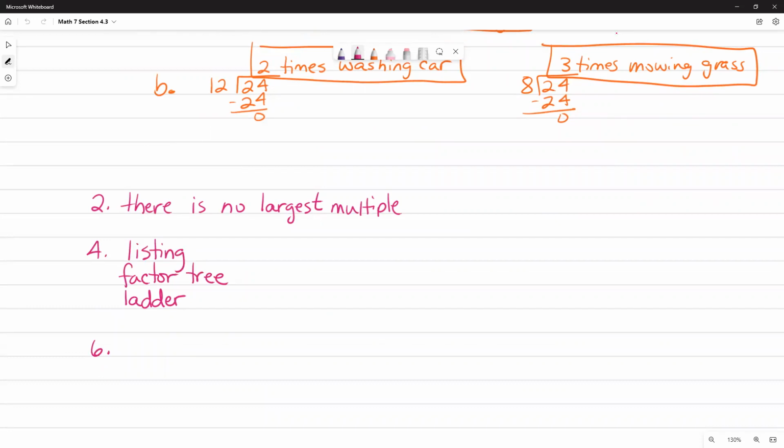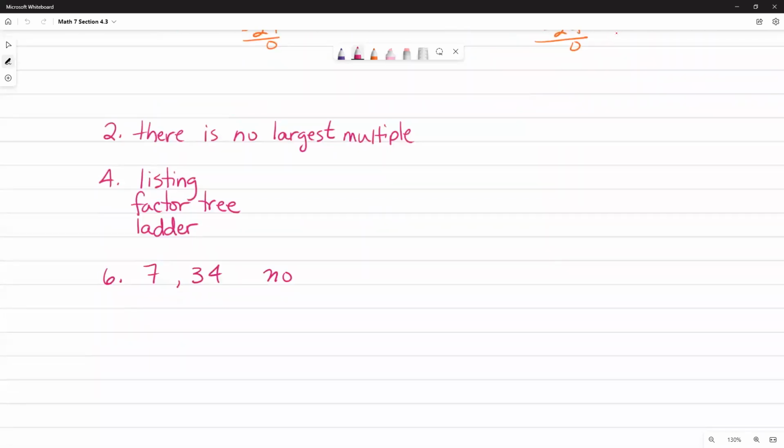Okay, so for these, we needed to determine whether the second number is a multiple of the first. So we compared 7 and 34. So no, 7 does not go into 34. Number 8 and 10. For number 8, it's 4, 8, 12, 16, 20, and 24.